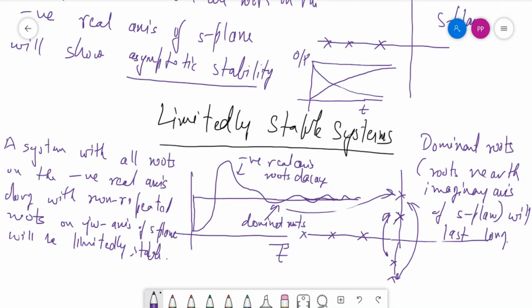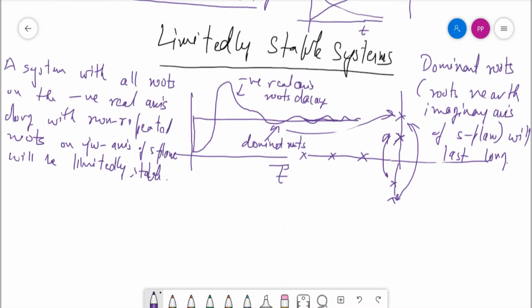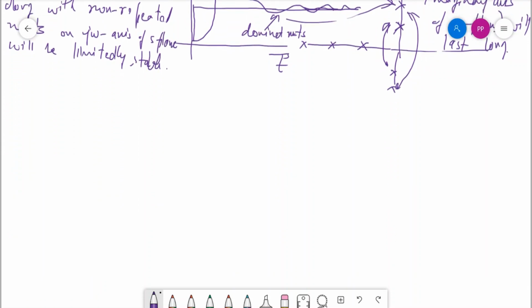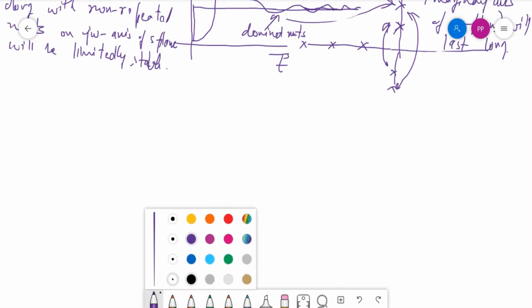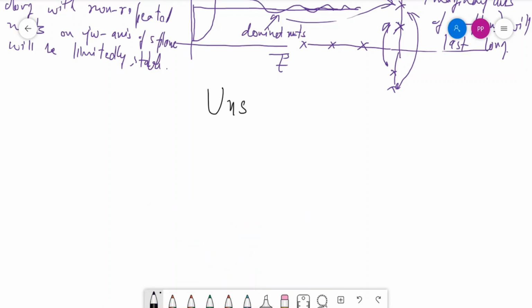So further we can see the systems which are unstable. For unstable systems, you can write the heading unstable systems.